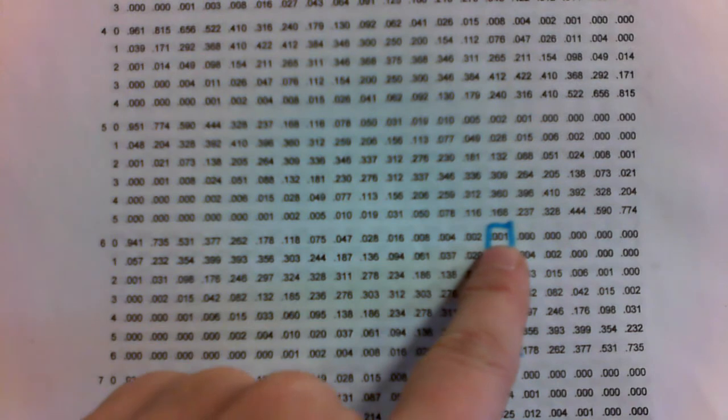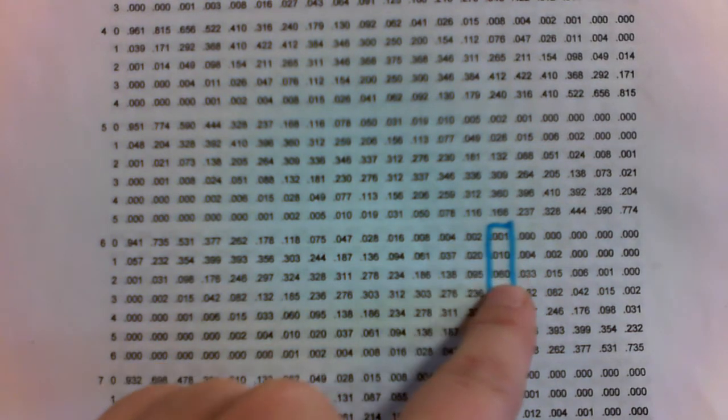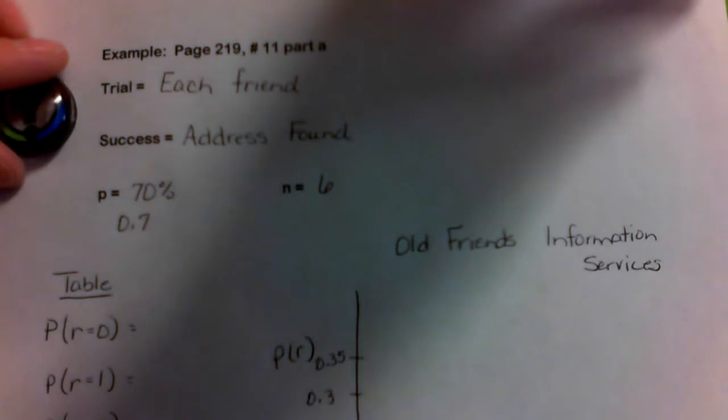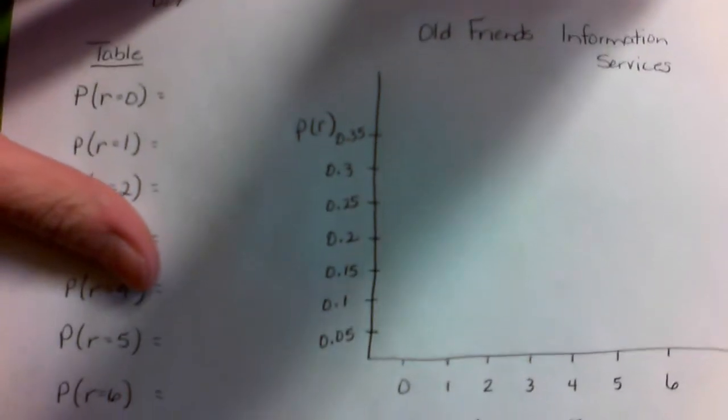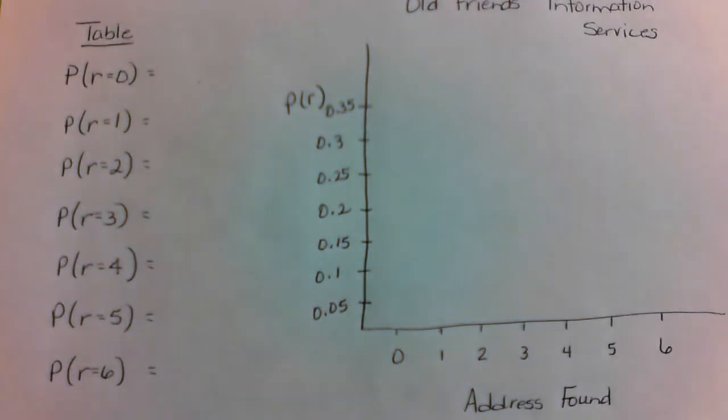So this is the probability that 0 friends' addresses were found, 1 friend, 2 friends, 3 friends, 4 friends, 5 friends, and 6 friends. And those are the numbers that we are going to need in order to create our graph. So just like I showed you on the table, those are the numbers that we're going to put here.